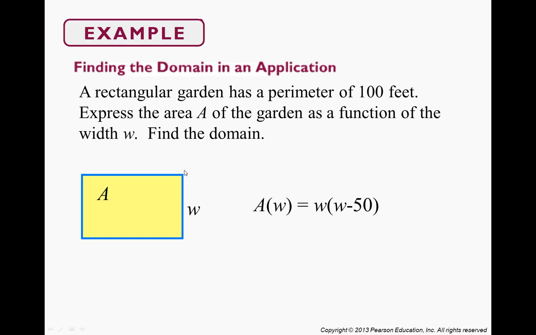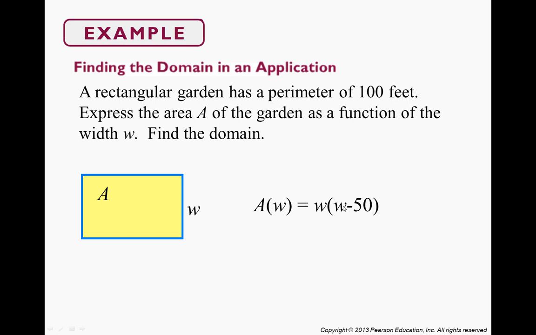since 2 times the length plus 2 times the width is the perimeter 100. So if you divide that by 2, length plus width equals 50. So length is equal to W minus 50.